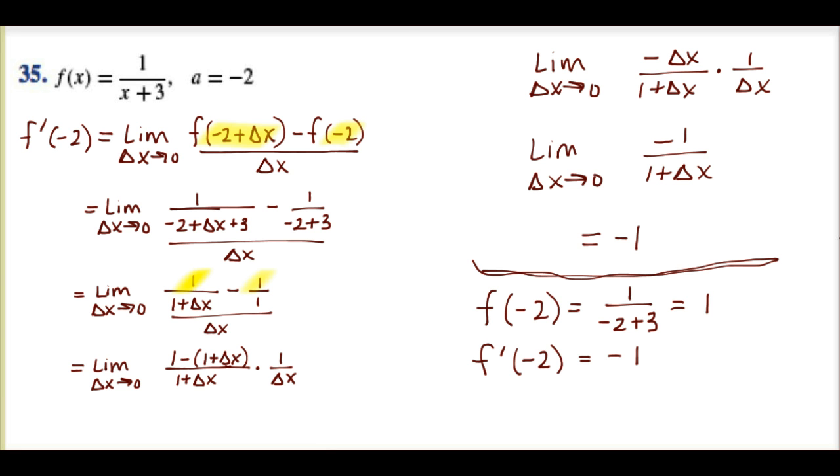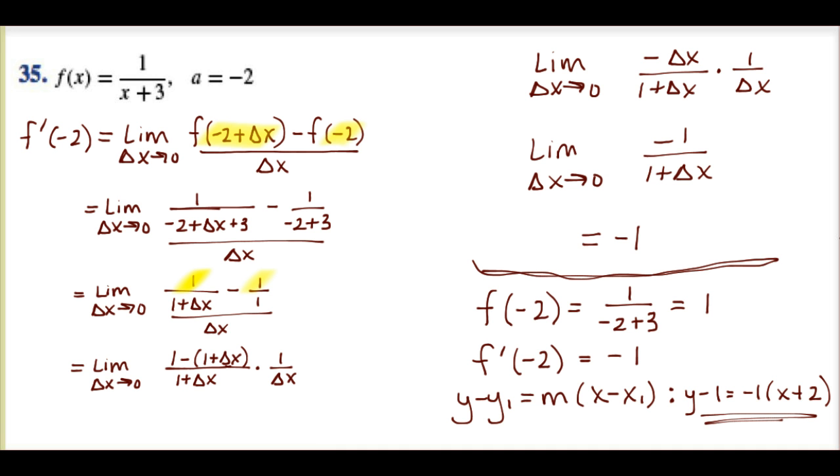The equation of my tangent line is y minus y1 equals m times x minus x1. So that equation then will turn out to be y minus 1 equals m times x minus x1, which will make that a plus 2. So that would be the equation of the tangent line. Hope this helped.